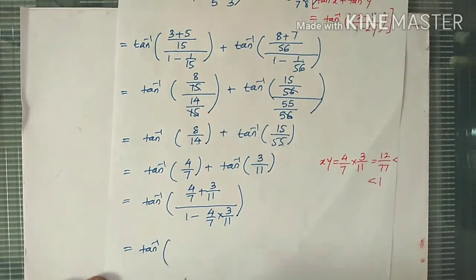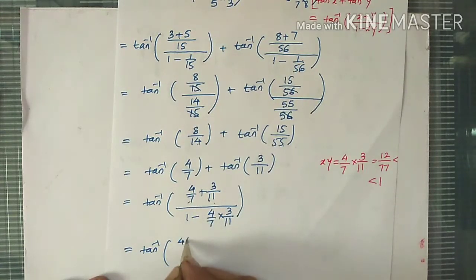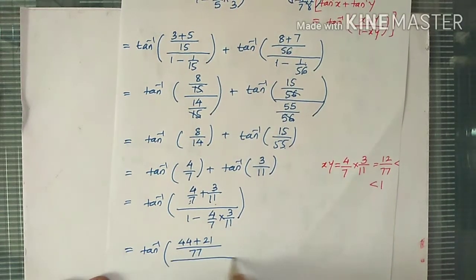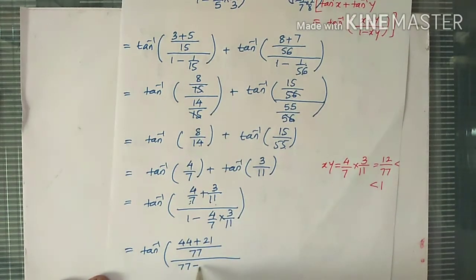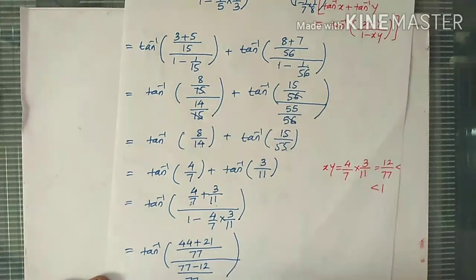So this becomes tan inverse of 4 into 11, that is 44, plus 7 into 3, which is 21, divided by 77, divided by 1 minus 12 by 77. That gives us (77 minus 12) divided by 77.